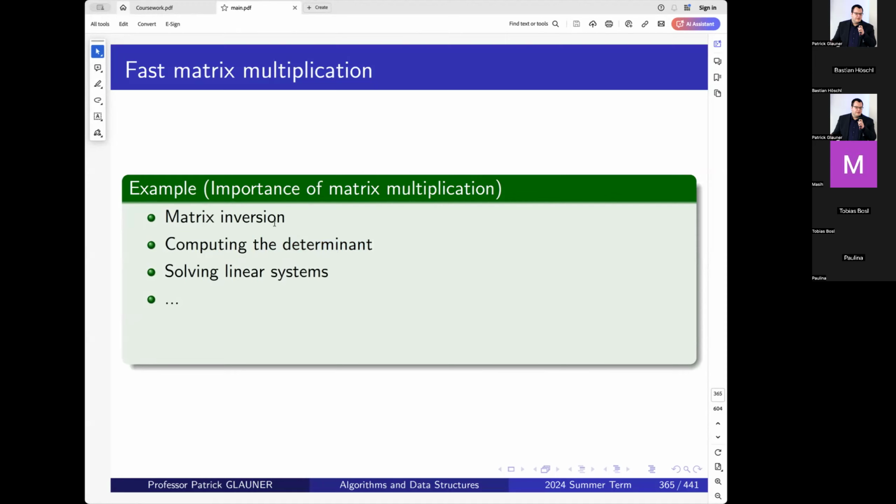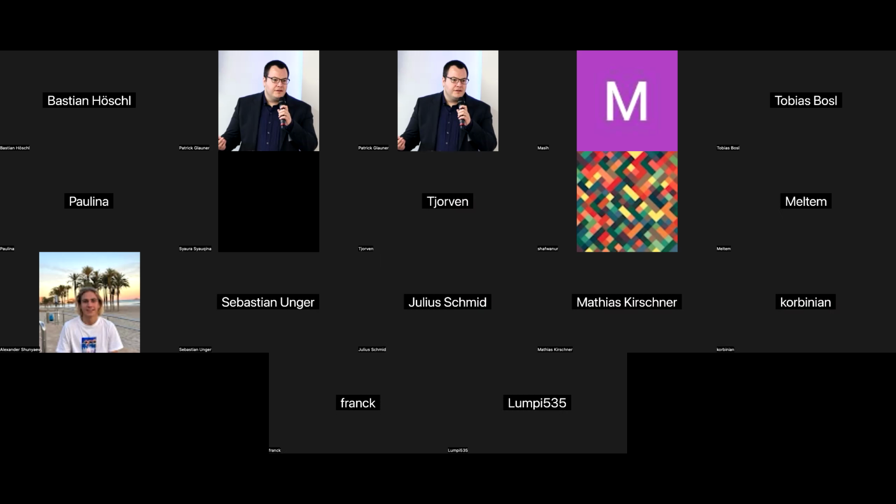We can solve linear systems and so forth. But you can also use matrix multiplication for training neural networks, for example. You can use matrix multiplications for computer graphics and lots of other problems. So matrix multiplications are super important.